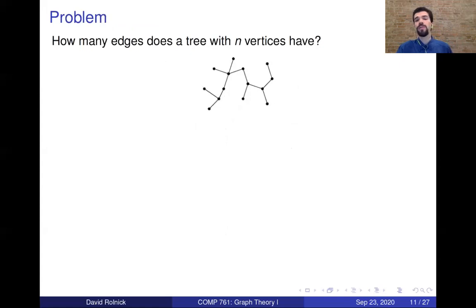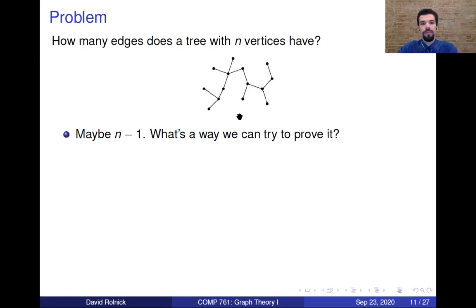How many edges does a tree with n vertices have? I'm seeing a lot of n minus 1. What's a way we can try to prove it?